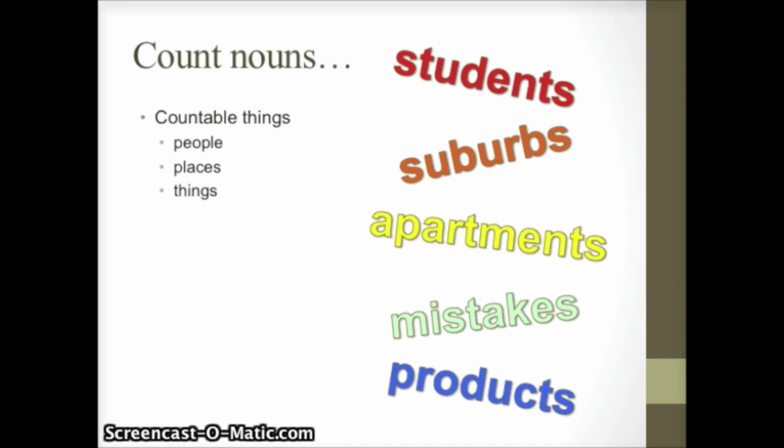For a complete list, please see the references at the end of this presentation. Notice that I have mentioned all of these in the plural form with the S ending. That is because we can refer to several of them. In other words, they are countable.